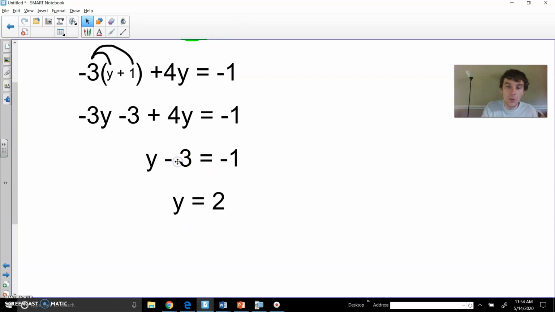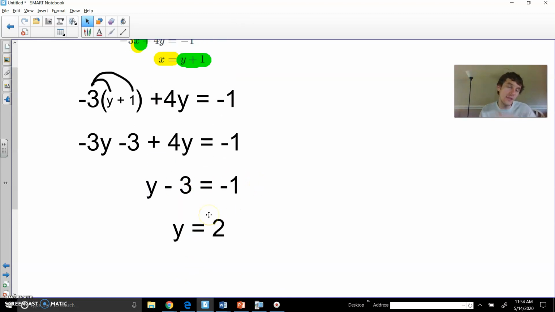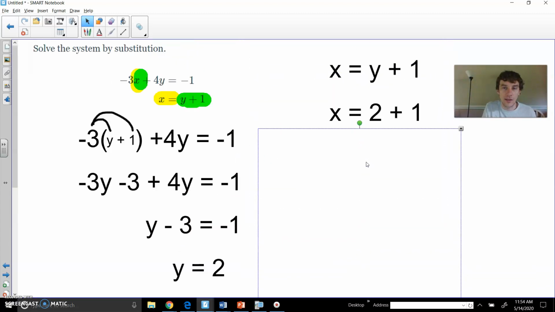And so what we want to do here is take that 2 value, because again there are lines that are crossing in a grid, so we want x and y, and we want to plug that value in. We can go up here and say, okay, well, if x equals y plus 1 and y is supposed to be 2, well, 2 plus 1, that really means we're talking about the number 3 here.